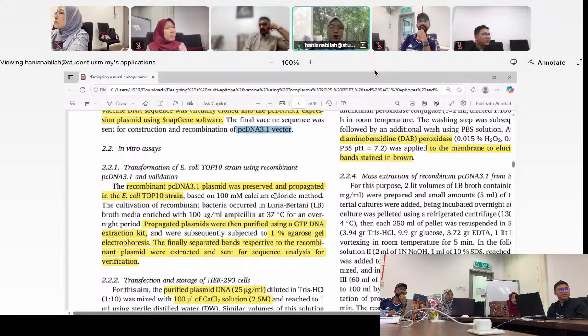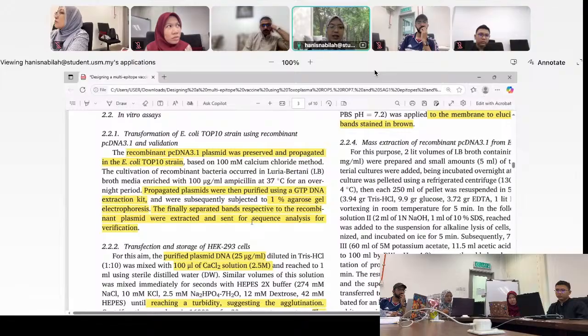Basically, from this plasmid, they cut and insert the DNA that codes for the multi-epitope vector vaccine. After that, they transfer it to HEK293 cells to express the protein.